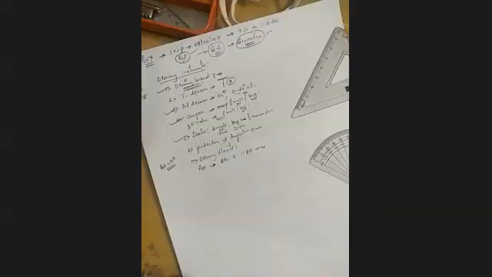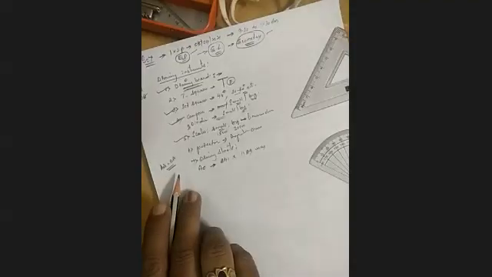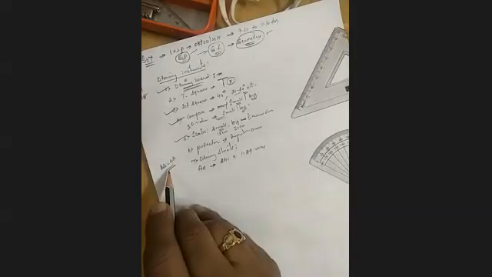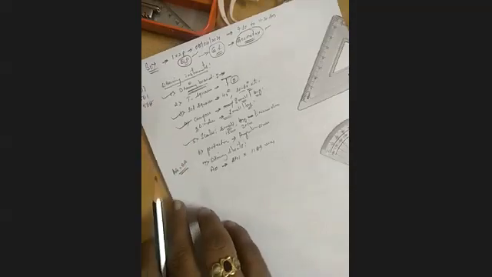AB is equal to BA. Commutative law. You have to know these things. That's why I told you before. It is commutative law.